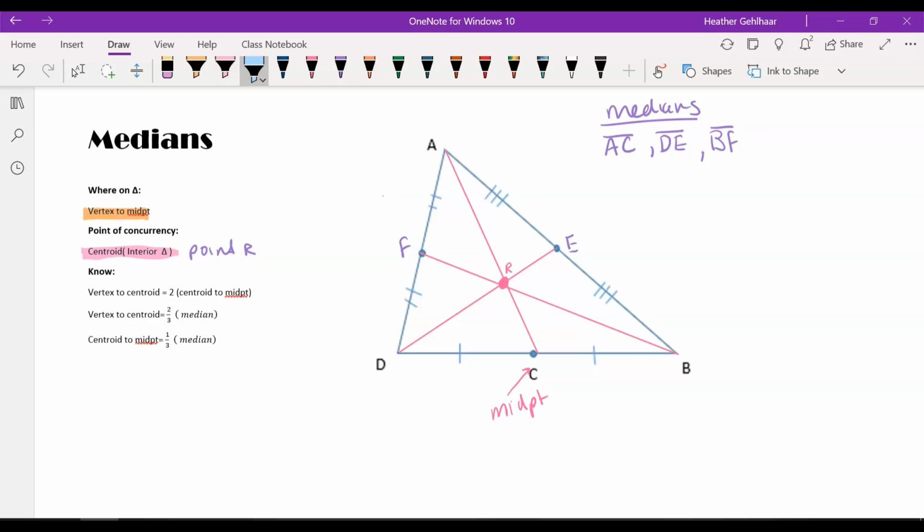Now, we know a couple things here. Vertex to the centroid, so from A to R is going to represent 2x, and then from R to C is going to be x.